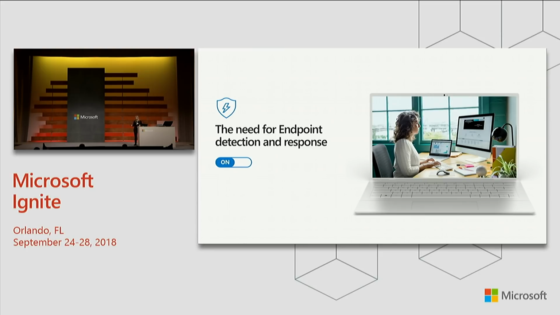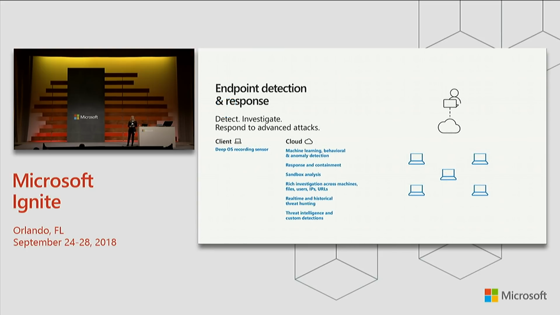So if you look at Windows Defender ATP EDR capabilities, there is a sensor deeply built into the operating system that is looking after all kinds of events that are happening on the box and sends them to the cloud. And in the cloud is all the magic happening, machine learning, analytics to actually spot threats that made it past the defenses.